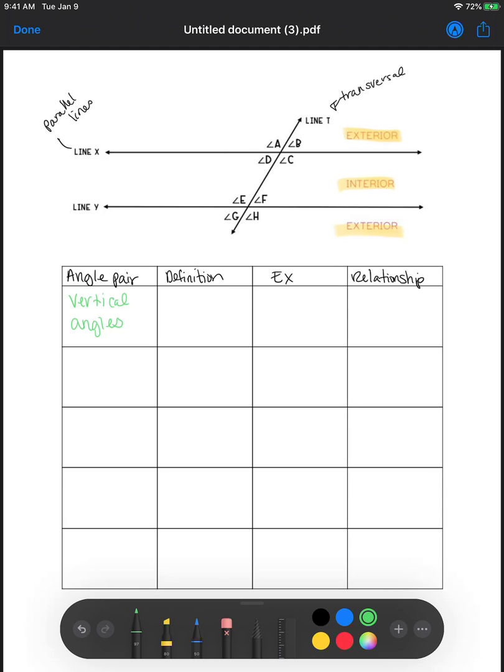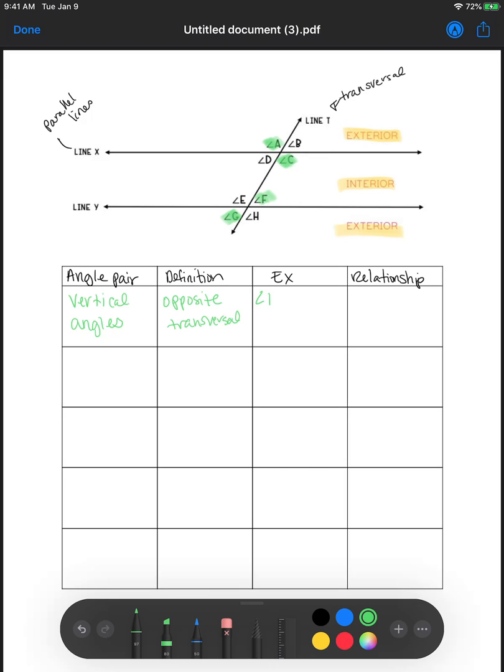Our definition is they're opposite and opposite of transversal. Okay, so I'm going to highlight those real quick, which I have A, C, and F, and G. Those are examples of vertical angles.